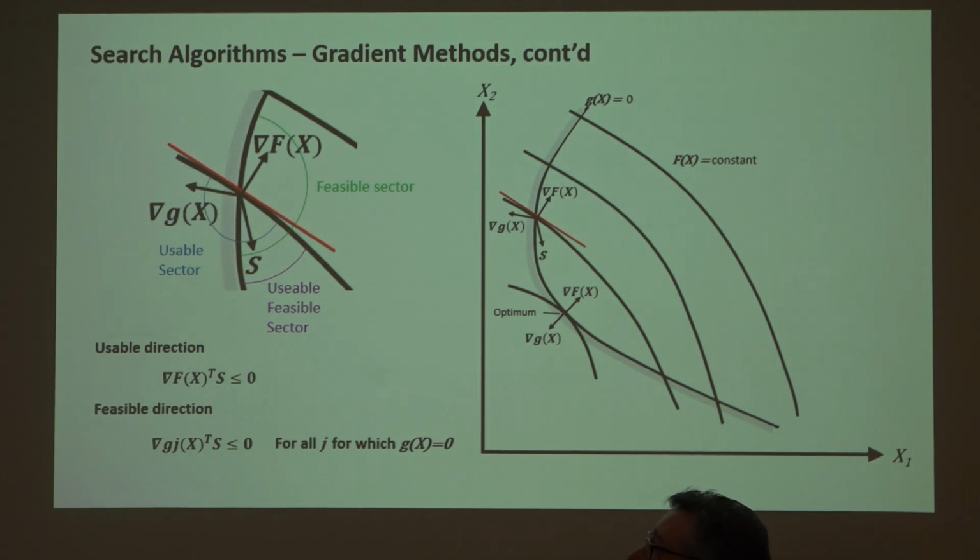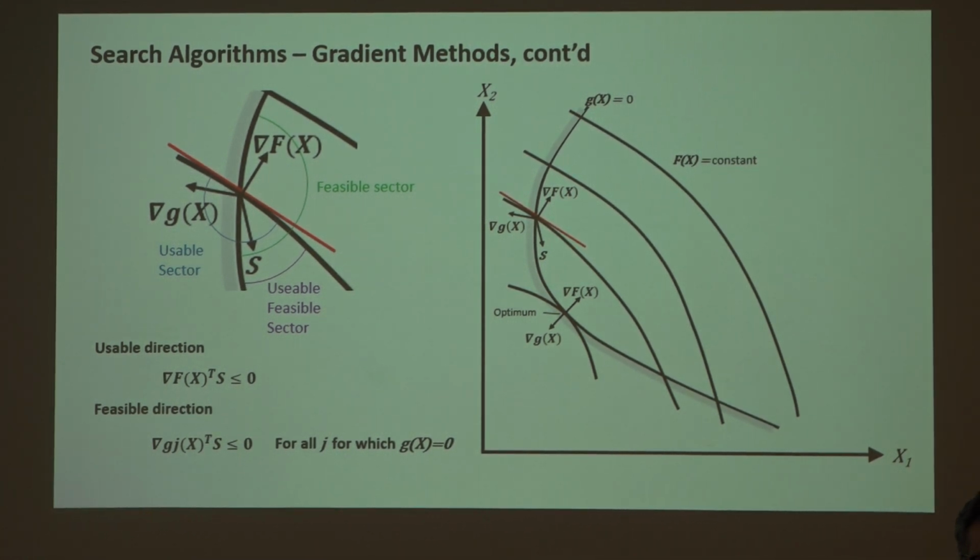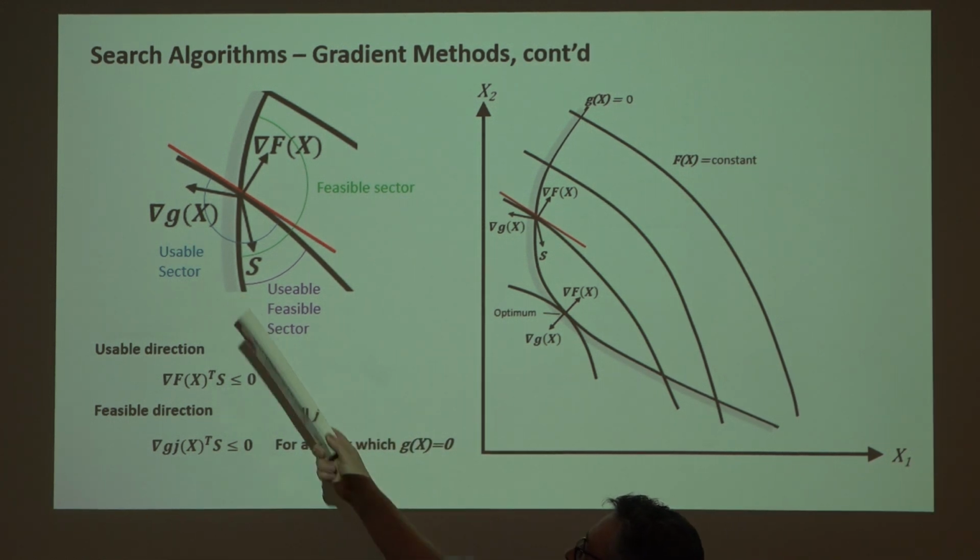Okay, and then you can begin to break this up into areas that you consider to be usable, feasible, and unusable. And this is helpful. The algorithms will do this to help decide which direction to go, what their S direction is. This is a particular case where you can't just pick a search direction that's the negative of the gradient because you run into this constraint. The constraint is right here in gray, this g of x.